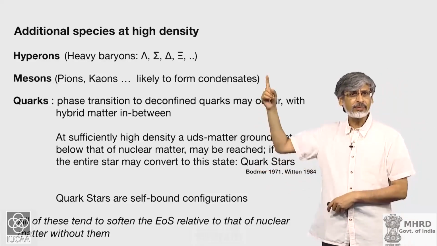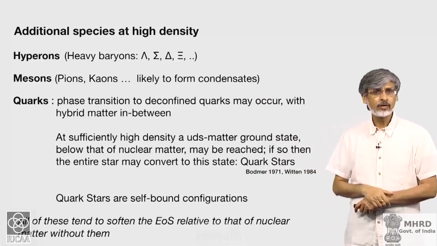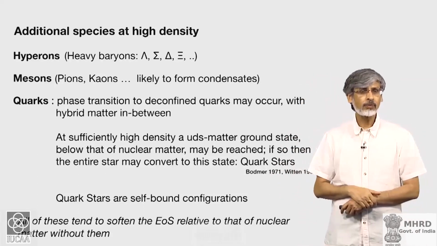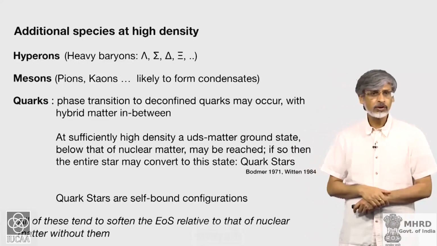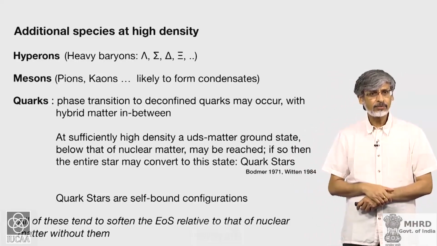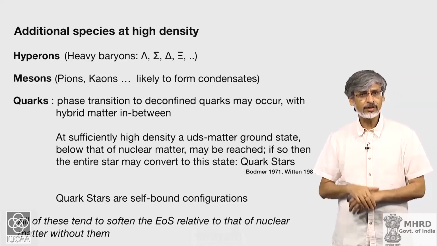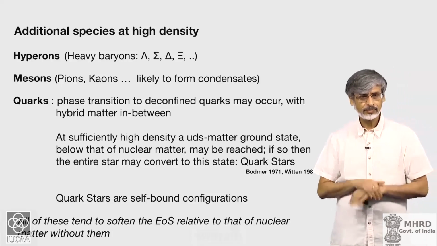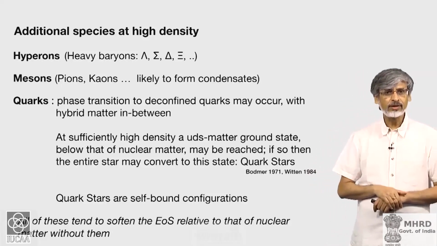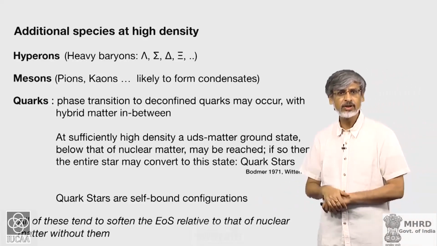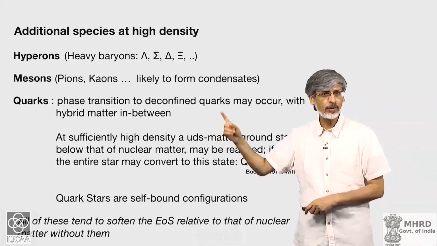Now, all these effects which are listed here, appearance of additional species, appearance of quarks, forces between quarks and so on, all of these have the effect in the direction of softening the equation of state, which means the pressure at a given density becomes lower relative to that of nuclear matter if these things were not present.